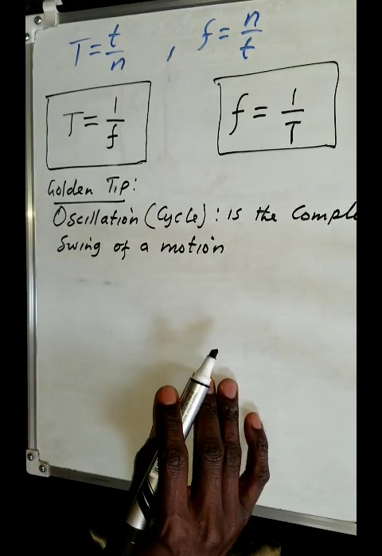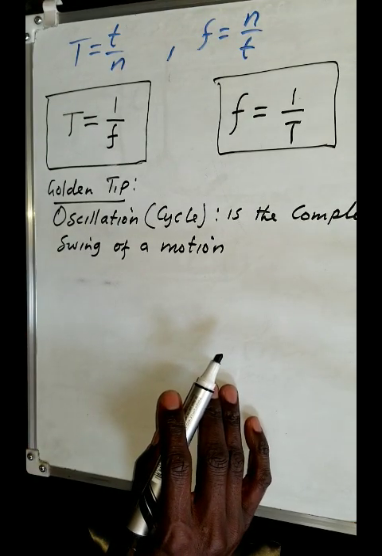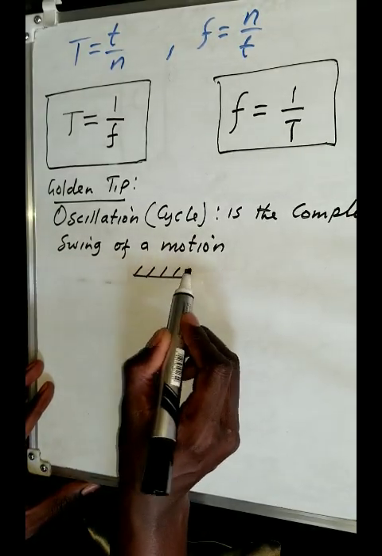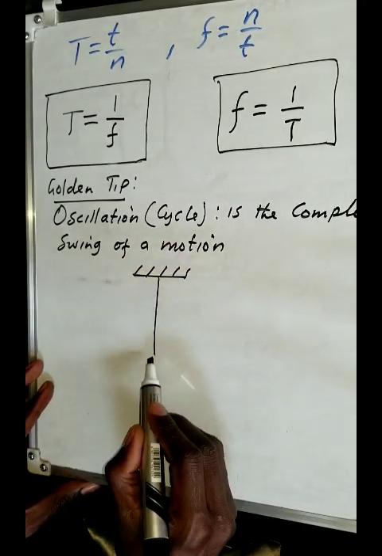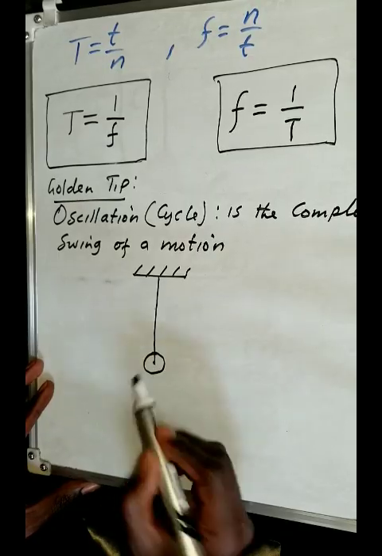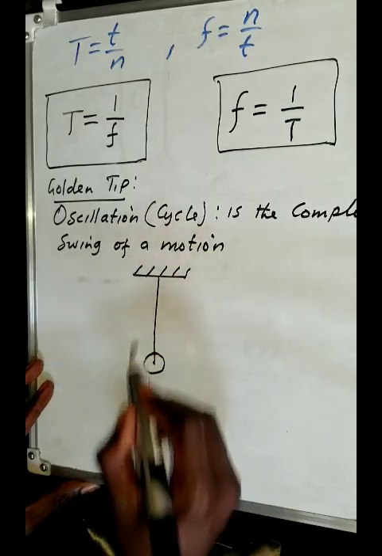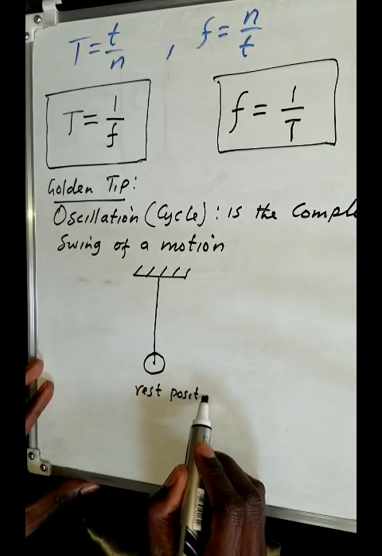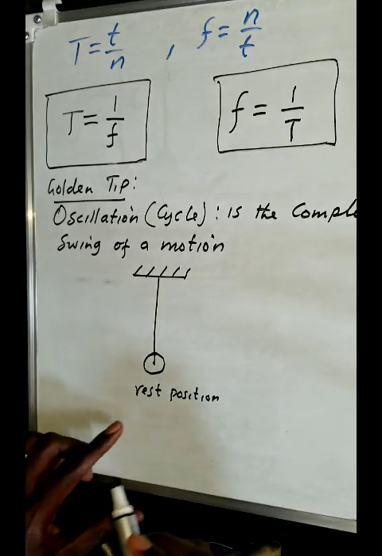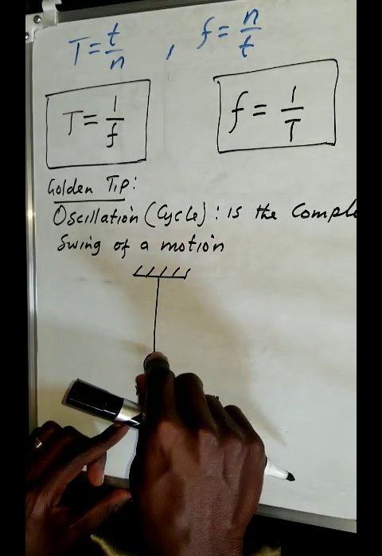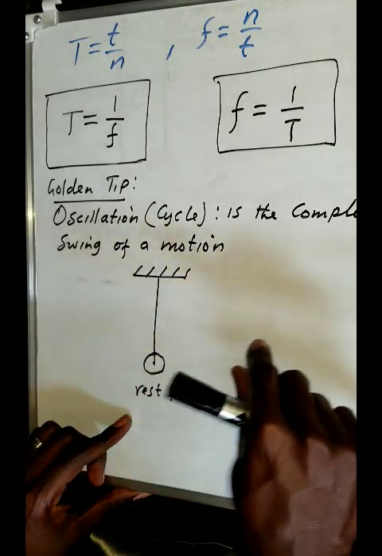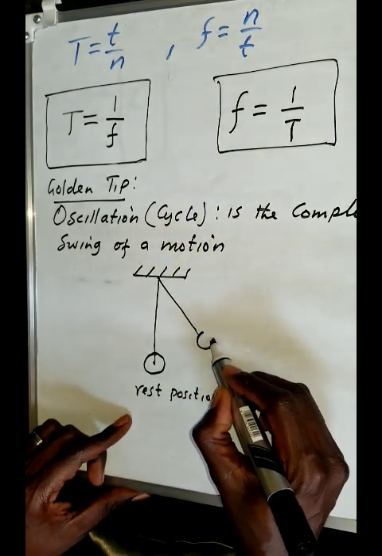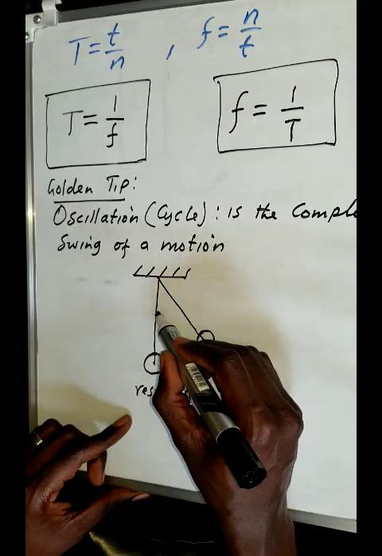There's another terminology that I want to bring to the fore that you need to remember. Imagine I have a simple pendulum. You can have your bulb at this point. When the bulb is in the vertical position, we call it the rest position. But imagine now you pull it to one side. An angle is going to be created there.